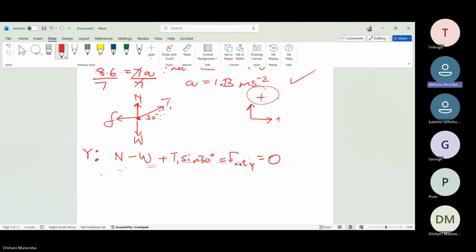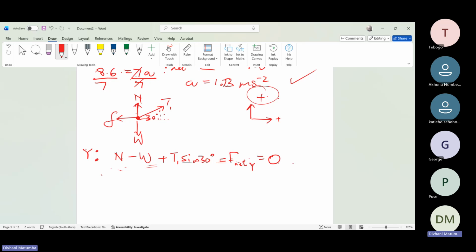Are we going to be penalized if we include the angle on our free body diagrams? On your free body diagram, if you include the angle, no, you won't. If you don't, you won't either.